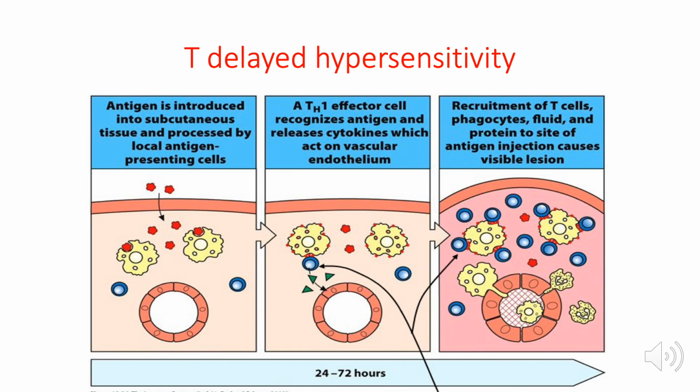So this is just to help you recall that the T-delayed hypersensitivity, the blue-colored cell in the picture, will release the green-colored interferon gamma into the blood. And what will happen later on? The interferon gamma will recruit more macrophages and more T cells into the site of infection.